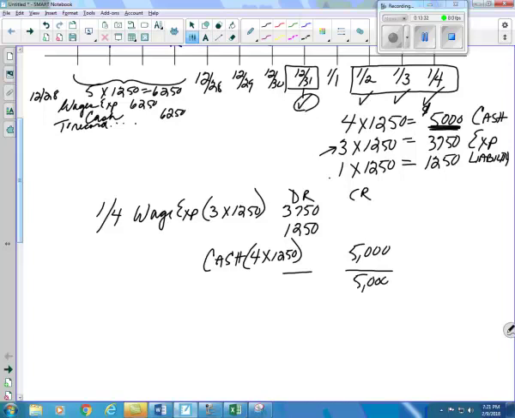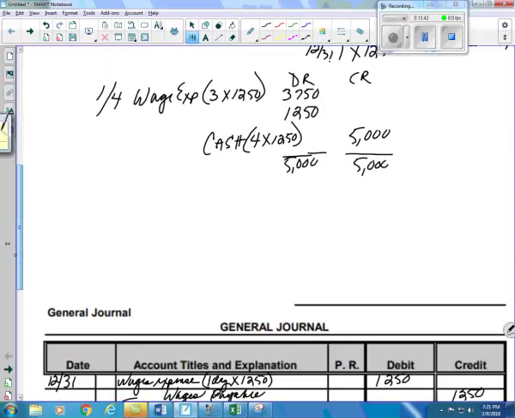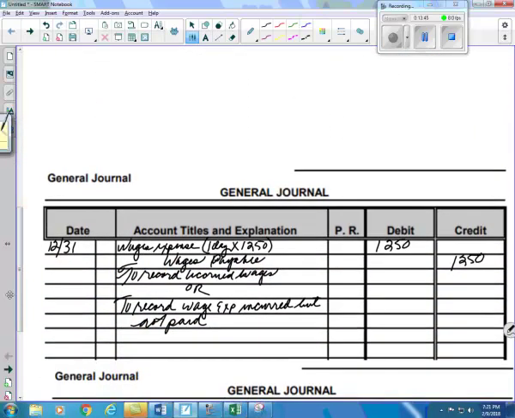So what are we going to debit? Well, here's the thing. That 1 day that we're going to pay, our 12/31 day, we have already recorded the expense down here, and we recorded a liability for that $12.50. So once we pay this amount on Friday, do we owe it any longer? We do not.